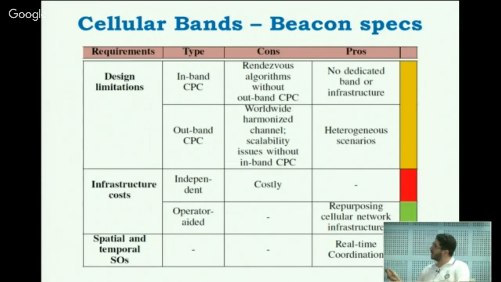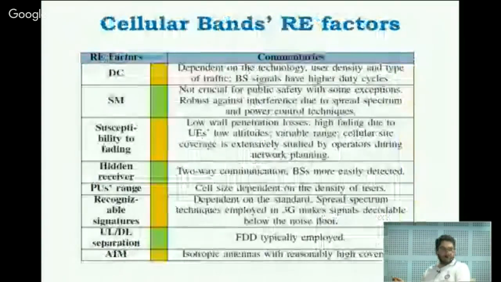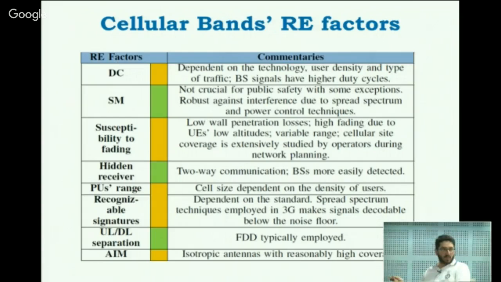You see this in-band and out-of-band cognitive pilot channel is what I was discussing before. There's been some discussion about that. Before we were discussing in general the radar bands and the cellular bands. Any comment? No.